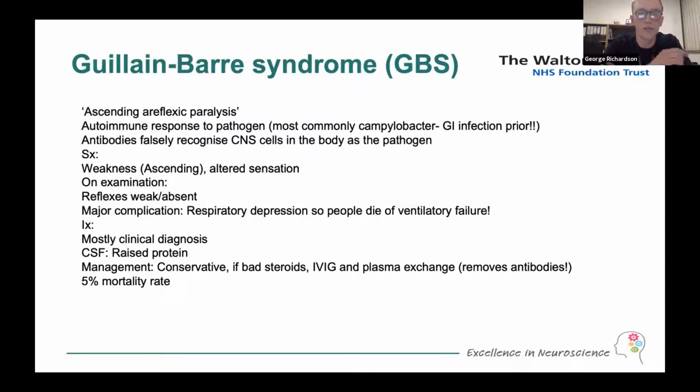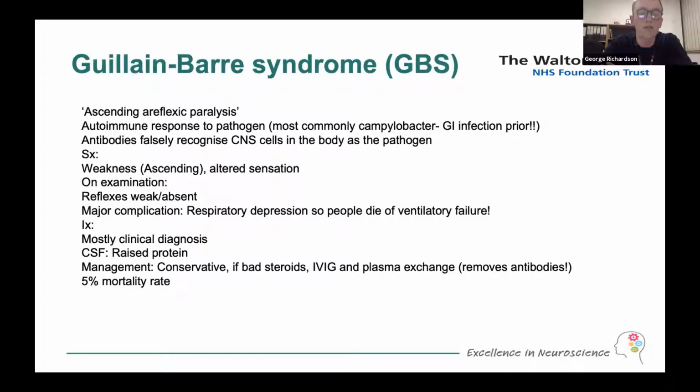That's due to an element of molecular mimicry between antigens that the pathogen has being recognised, and your body then attacking myelin within the nerves. The symptoms these patients present with are weakness, which is, as I said, ascending, altered sensation, and then on examination they can get reduced or absent reflexes.